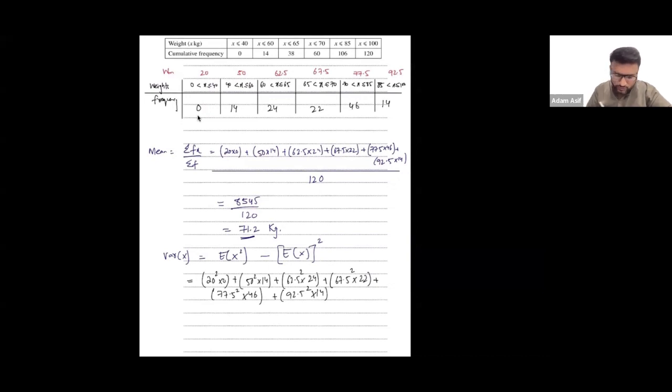This is E of x square, minus E of x, the whole thing square, which is the mean, that is 71.2 square.